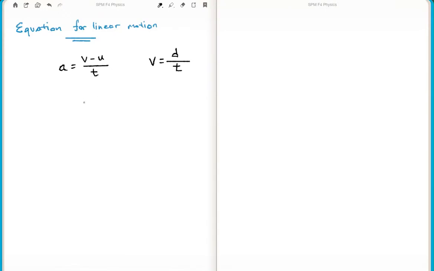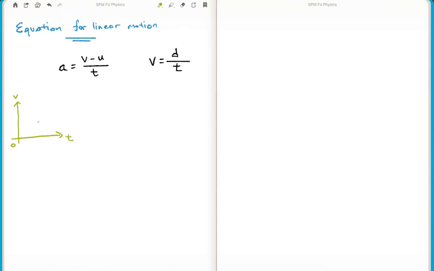Next, to help you understand the equation better, there are some graphs, and it is always easier to bring out a graph. This is for your understanding. Now, a graph of velocity versus time.